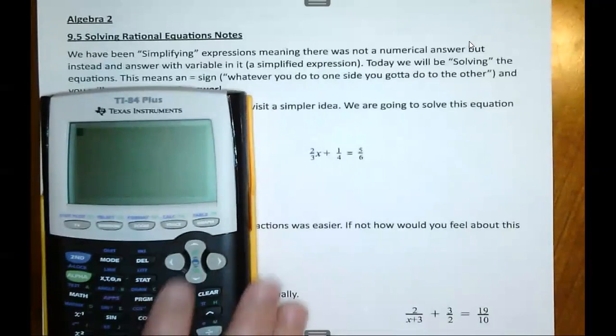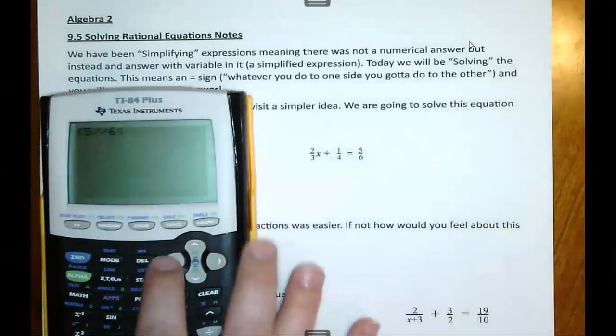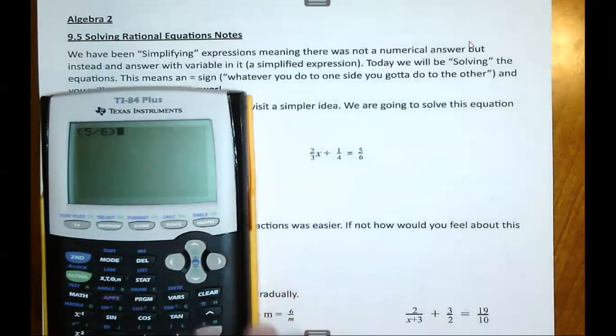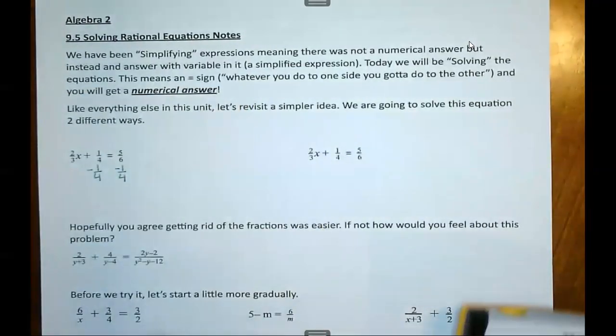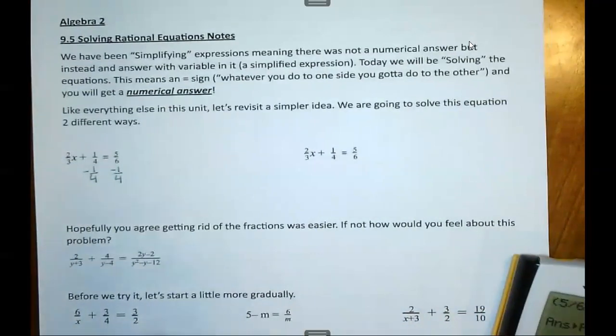So for example, you would have 5/6 in parentheses minus 1/4 inside of parentheses. When we get this, you press math, enter, there's our fraction. So we end up with 7/12.